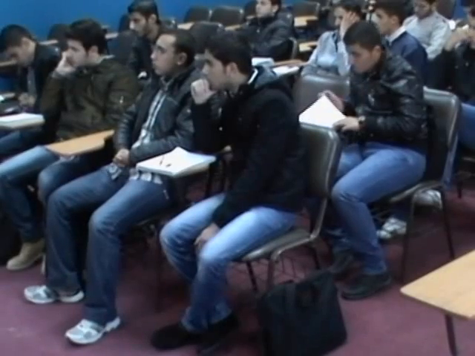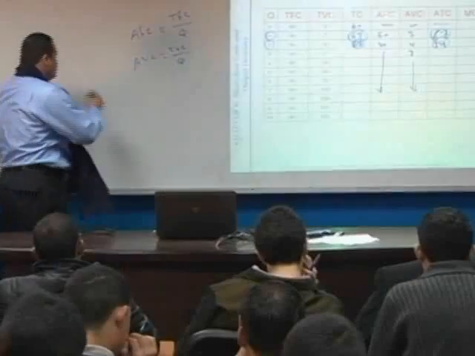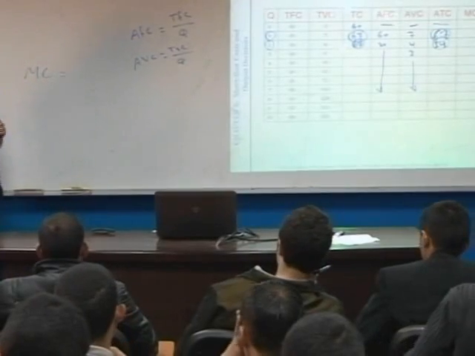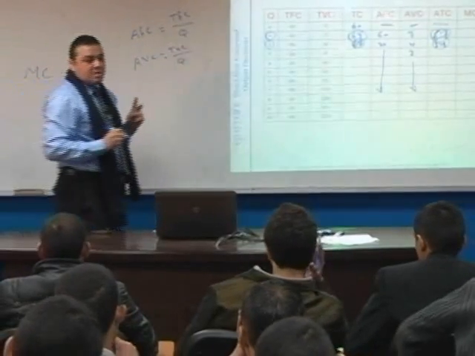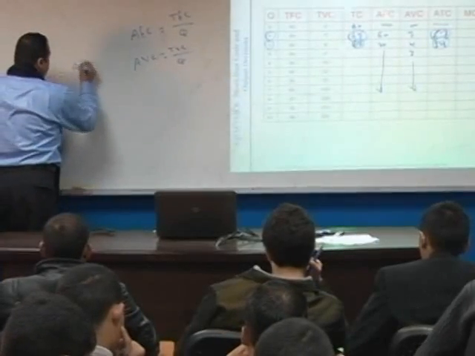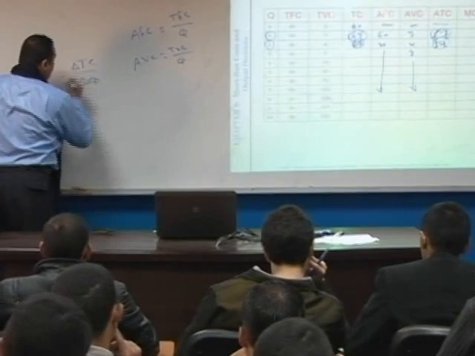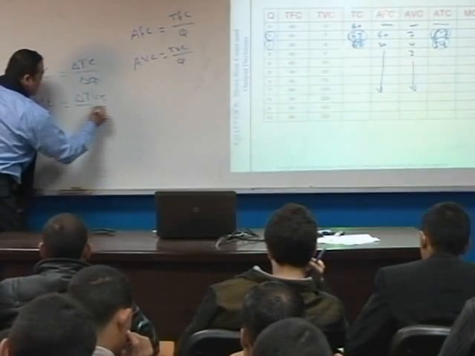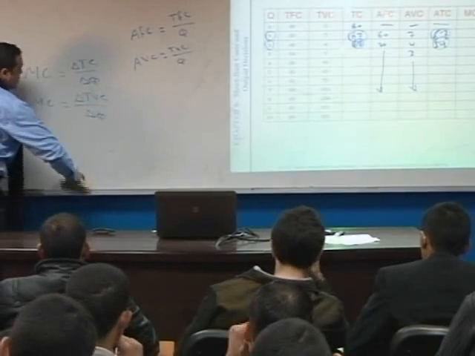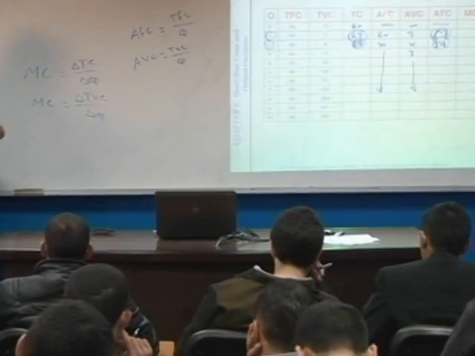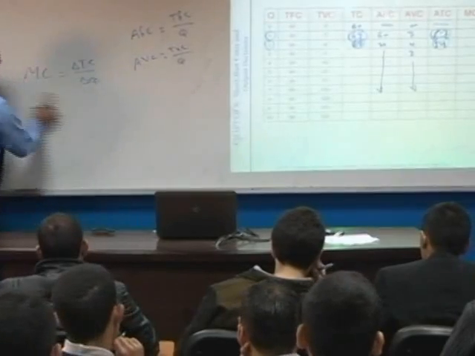What about MC, the marginal cost? We can calculate MC by using two formulas. Number one is delta TC over delta Q, or MC equals delta TVC over delta Q. Let's use the first formula.